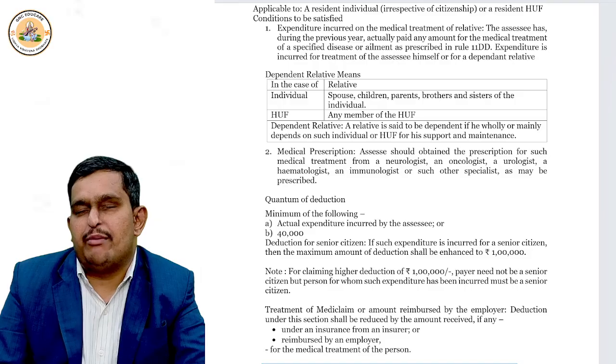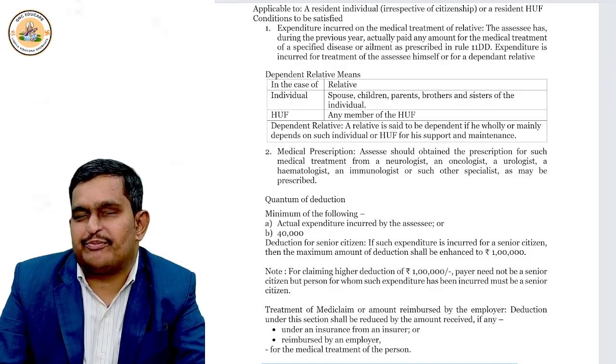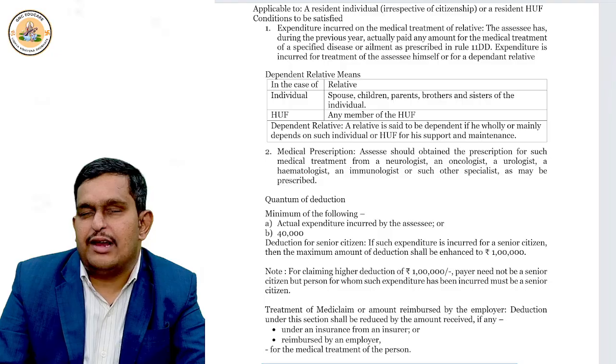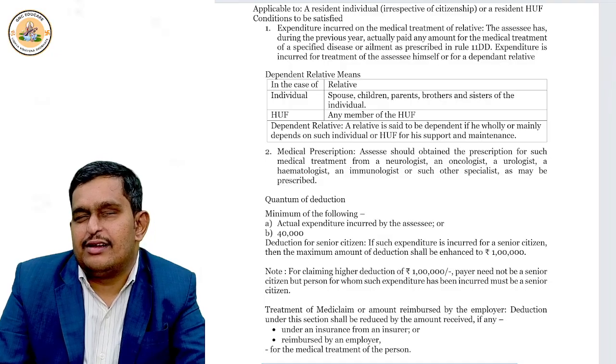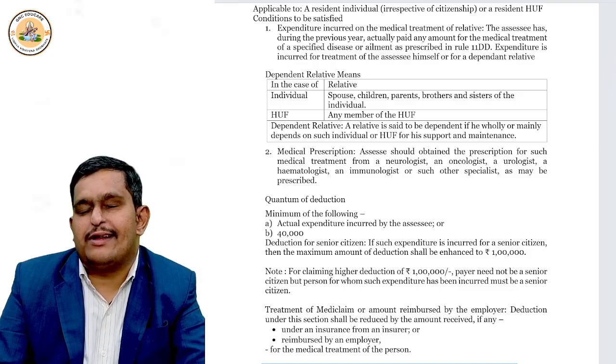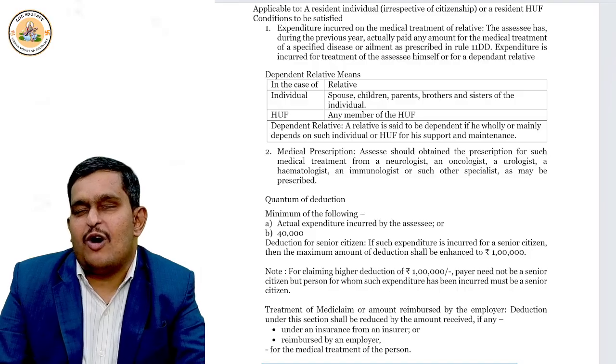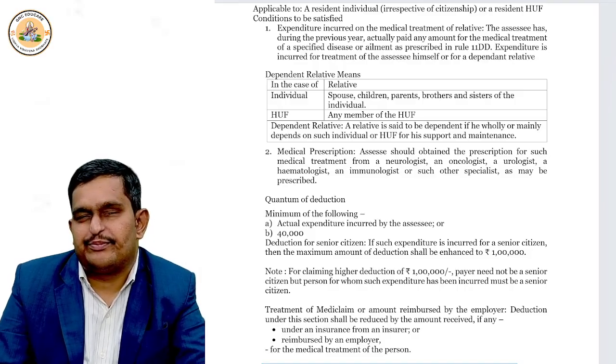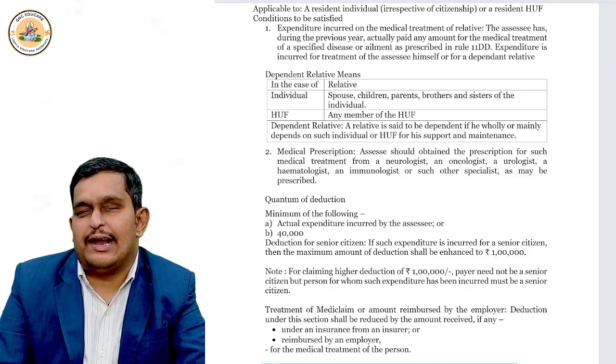Now, please remember, who will get the deduction? The payer will get the deduction, claimed by the payer. But to check the eligible amount, whether the person whose treatment is going on is a senior citizen or not should be checked. Okay, done? Clear to this point? Right.